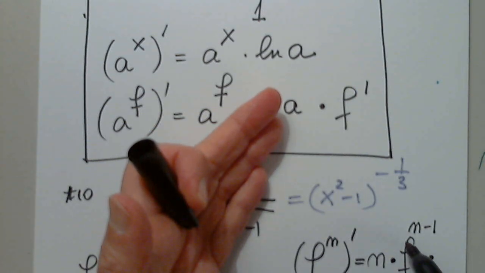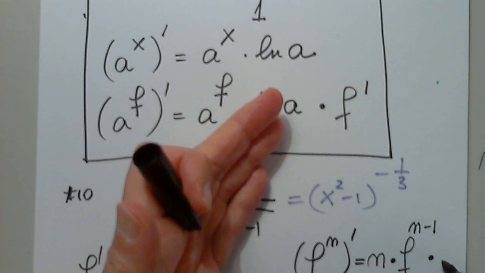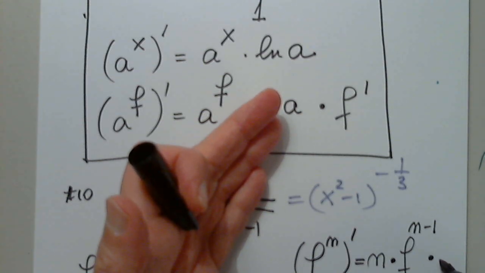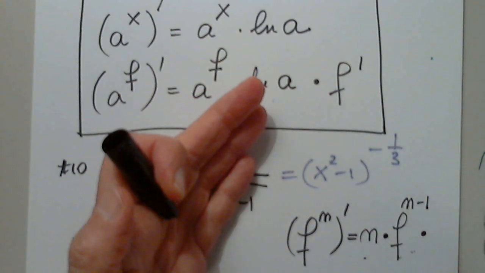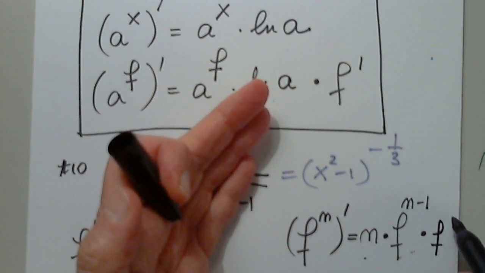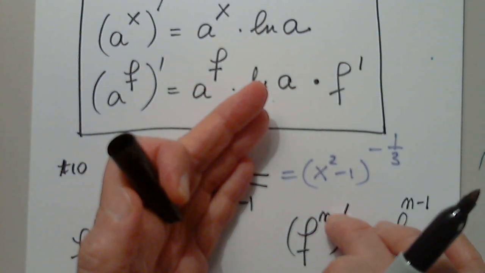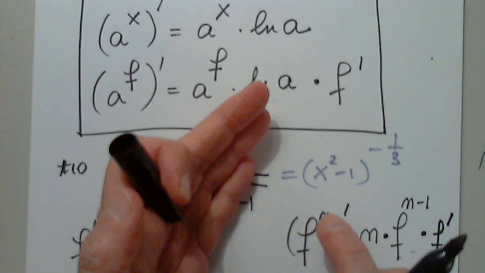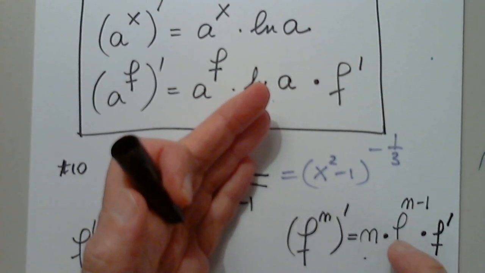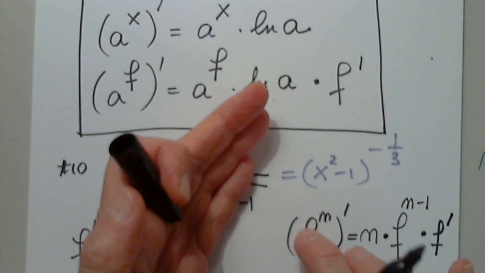So n f to n minus 1 times the inner function prime. This is the outer, this is the inner. I have to evaluate this first and then raise it to that power. Inner, outer. n f to n minus 1 times the inner function prime.